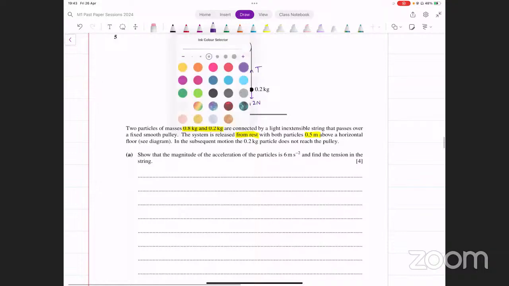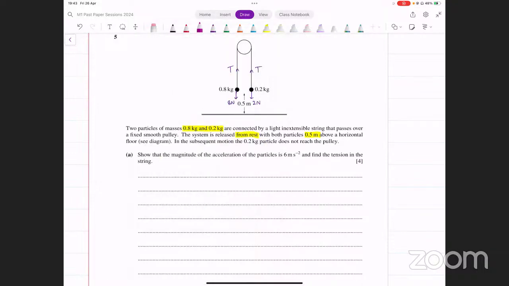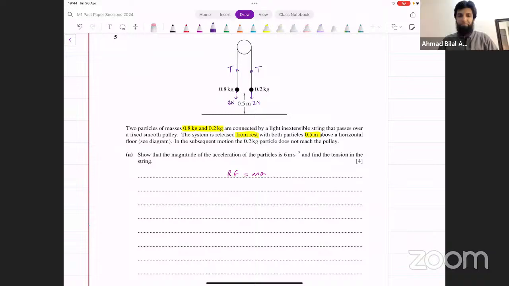What do we do? We just use Newton's second law of motion on each of these objects one by one and find the tension and acceleration. Let's use it on the particle on the left side first. In which direction is that particle moving? The particle that has more weight will be moving downwards, and the particle that has less weight will be moving upwards.